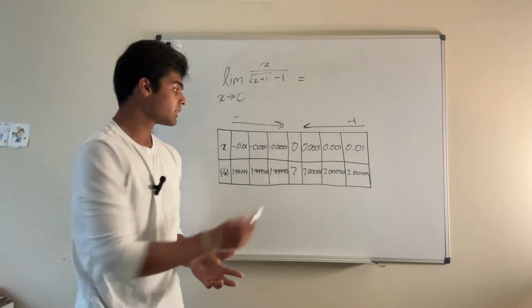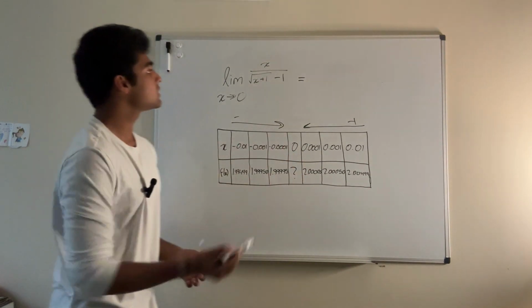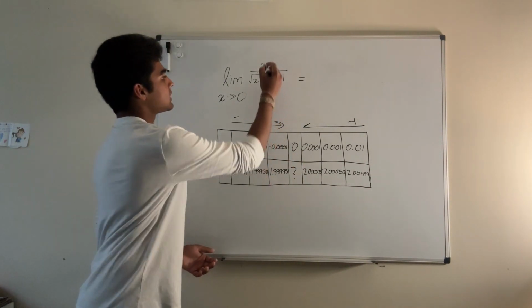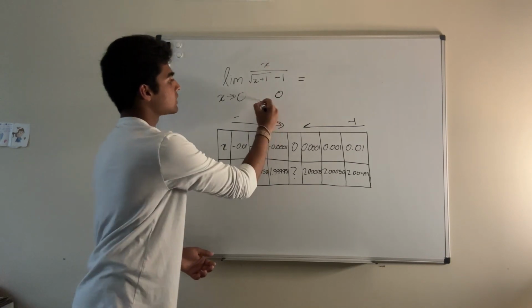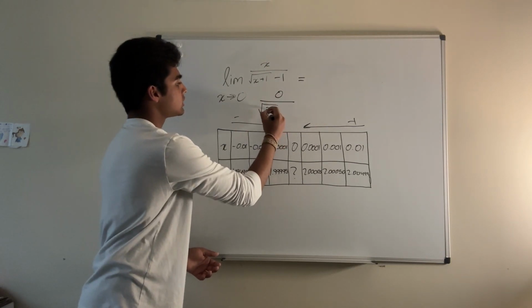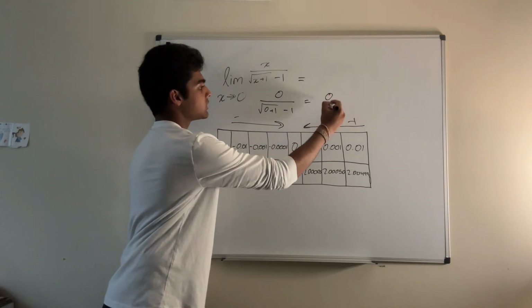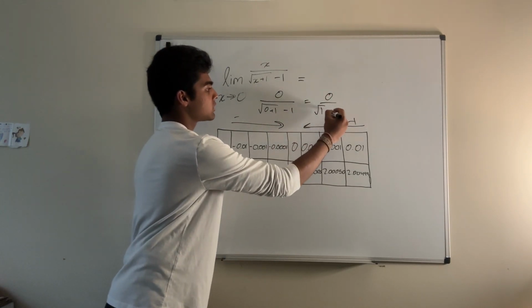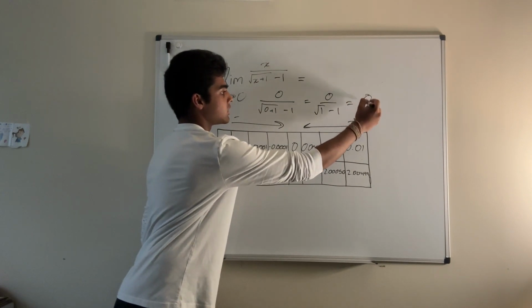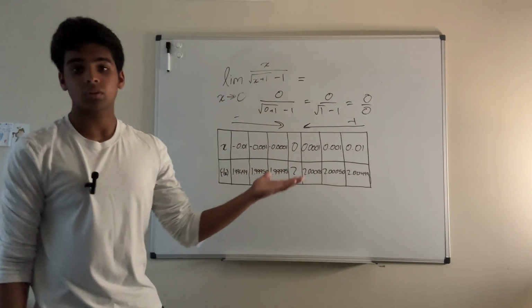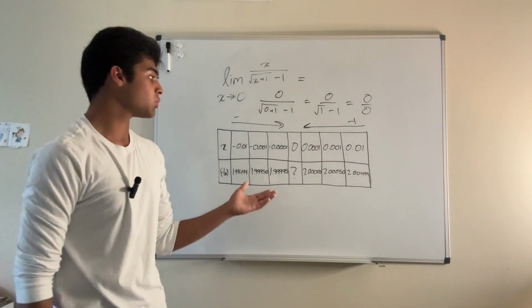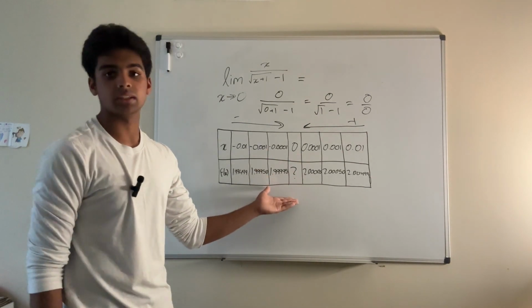Now, if we try to plug in 0 into this equation, we see that we get 0 over the square root of 0 plus 1 minus 1. And this is equal to 0 over root 1 minus 1, which is equal to 0 over 0. Now, 0 over 0 is undefined, which is why we can't just simply plug in this value.